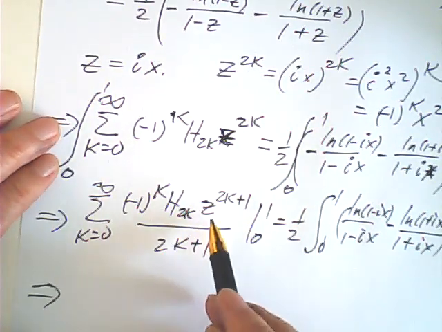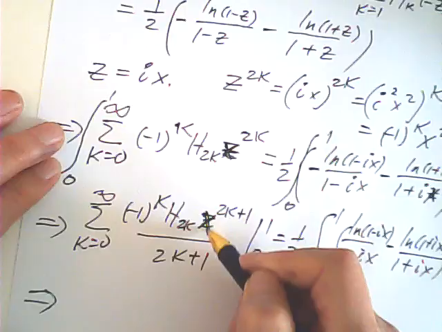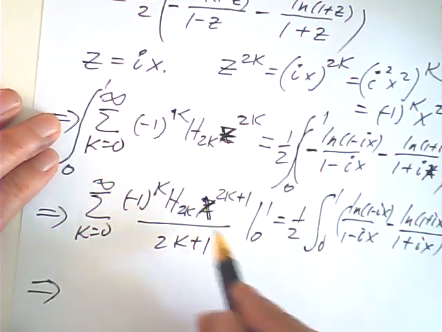So when x is 1 it is 1, and when x is 0 it is 0.